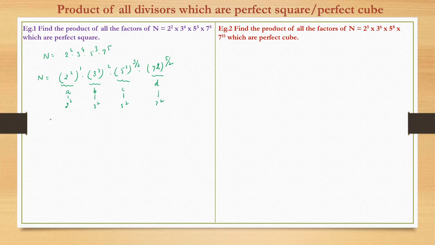So now the new term becomes n dash, which is same as n, but here we will do a raised to power 1 into b raised to power 2 into c raised to power 3 by 2, but we will ignore the 0.5 part. So it becomes c raised to power 1 into d raised to power 2.5. We will ignore the decimal part and keep the integer.